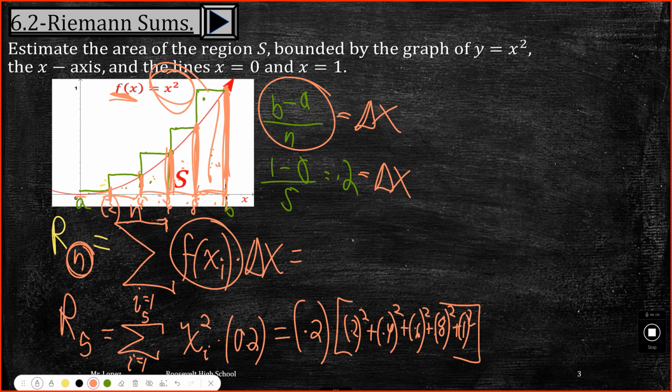All right, what are we getting? Okay, I got it. What are you getting? 0.44.